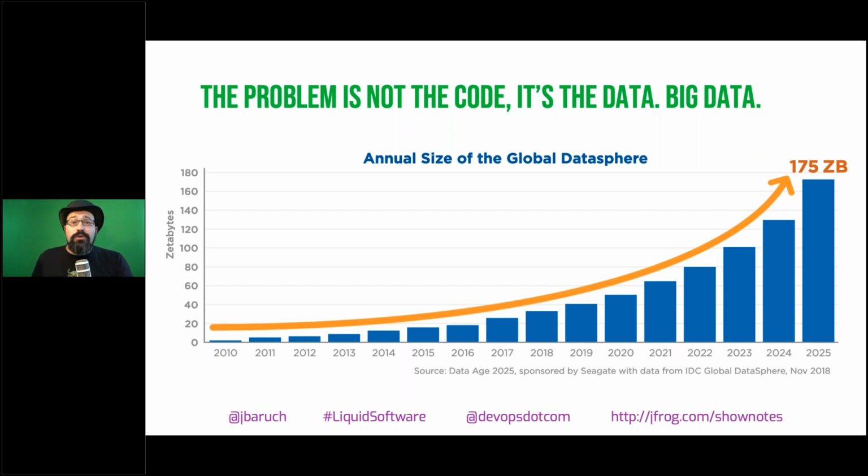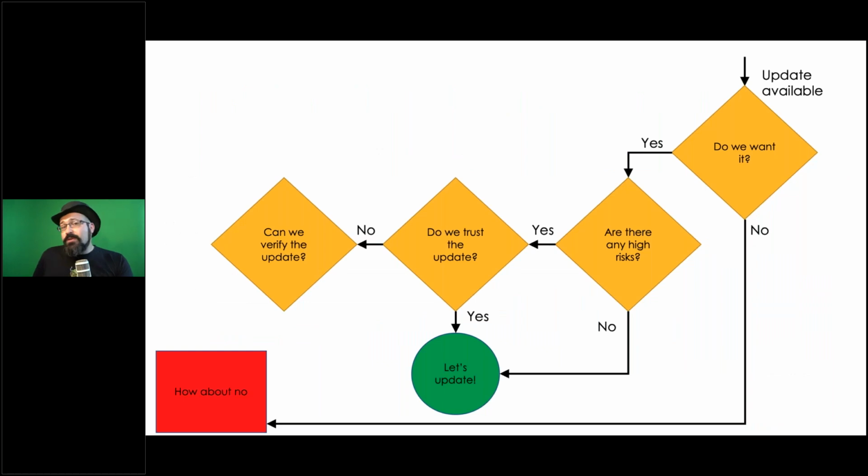It's just not economically feasible, which means that obviously the guarantees that we can provide with quality before we release anything are now weakened just because we cannot possibly test everything. So now that we understand why we don't trust, the next question is, okay, can we verify the update? We don't trust it, but we want to verify.